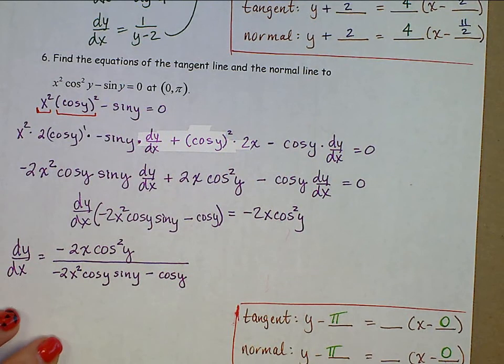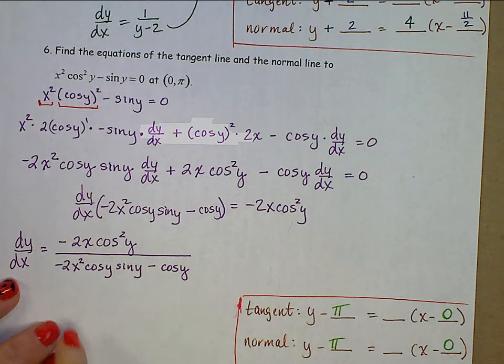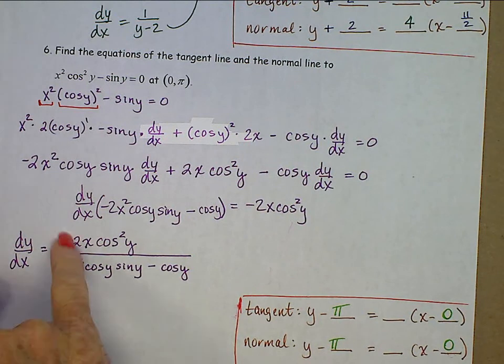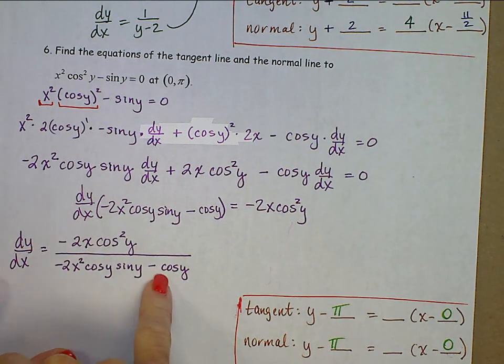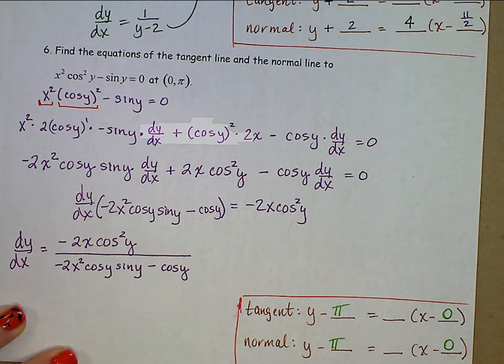Let's see if we can simplify that a bit. First off, I see a negative in all three pieces, so that negative is going to divide out. Anything else in all three pieces?